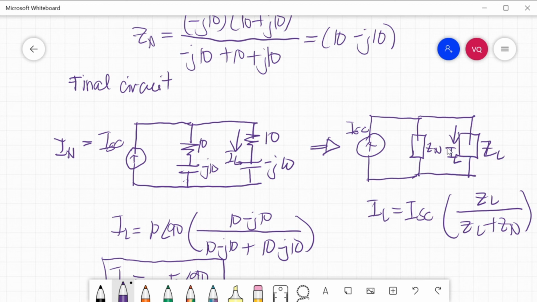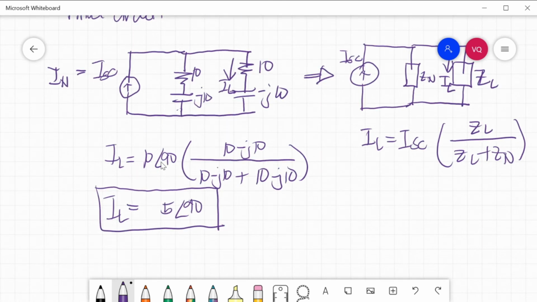We aim to solve for IL, the current flowing in impedance L. Using the current divider theorem, IL will be equal to the source current multiplied by ZL divided by ZL plus ZN. So IL now will be 10 angle 90 multiplied by 10 minus J10 divided by 10 minus J10 plus 10 minus J10. Our IL, the current flowing in impedance L, will be 5 angle 90 degrees amperes.